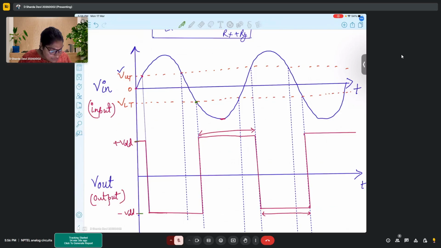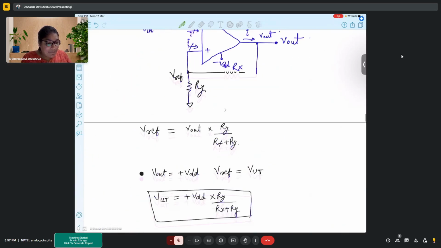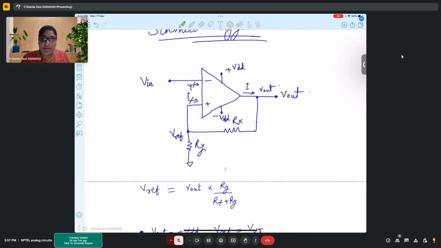No doubts, right? So we can simply draw it like this. Until here, there won't be any change in my output. Now, the moment I have reached VLT, my input is going less than VLT, and VLT is coming in the positive terminal. So the positive terminal will dominate.